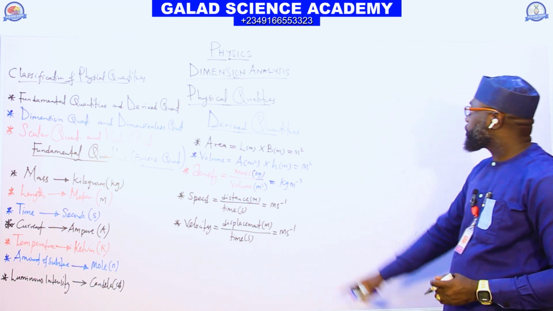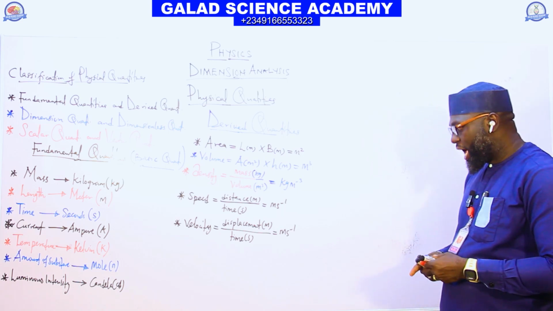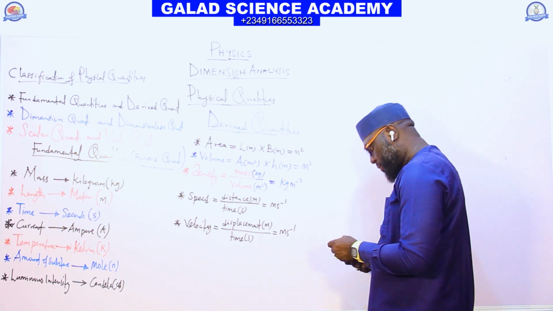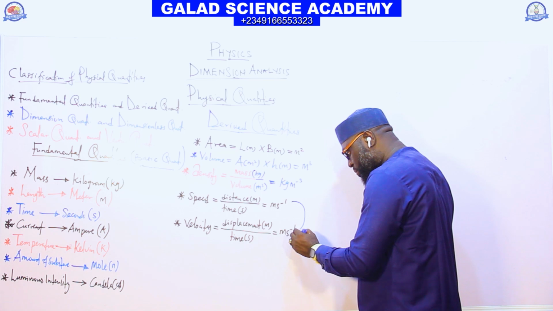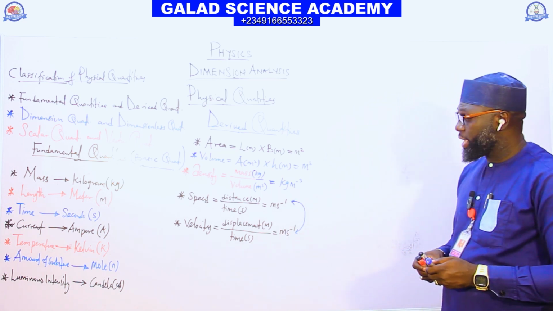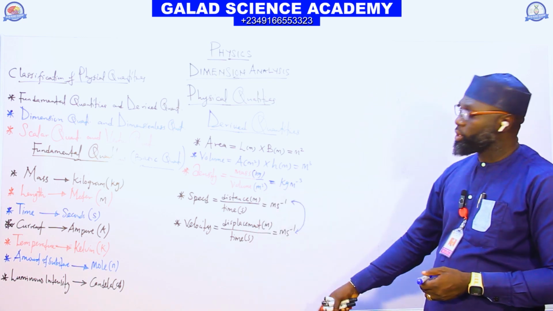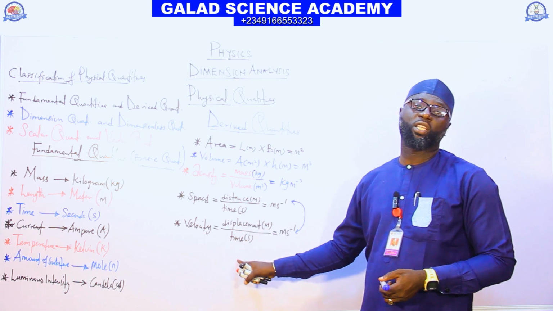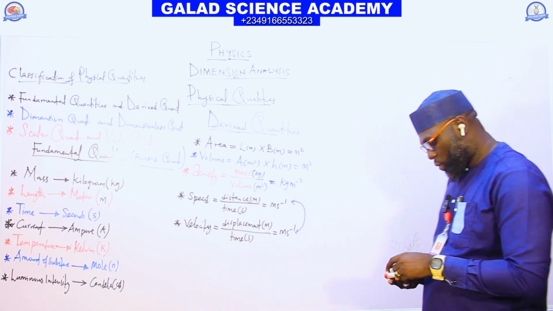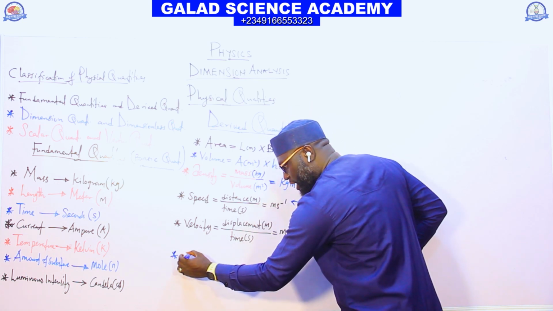You can observe that velocity and speed, they have the same unit. So in a calculation, we can use speed to represent velocity. But speed is a scalar quantity, velocity is a vector quantity.